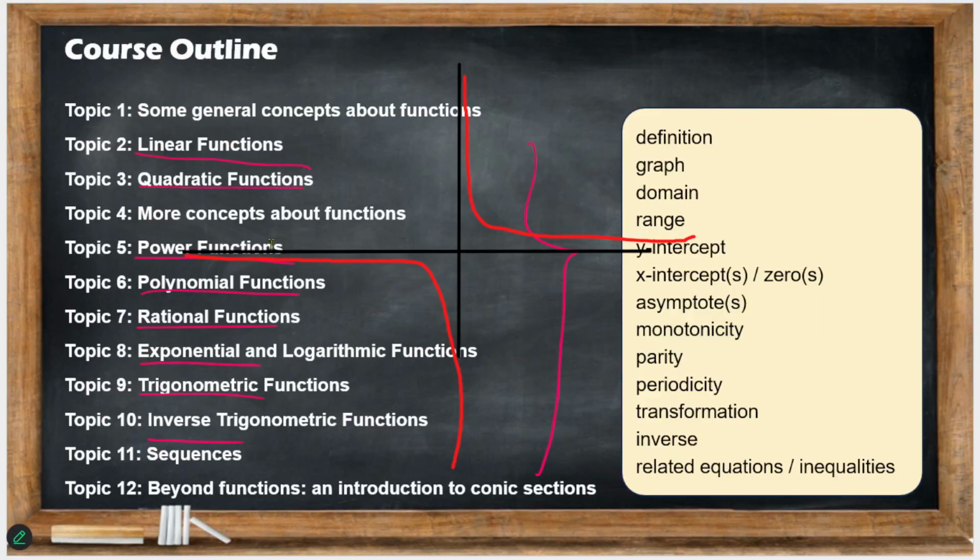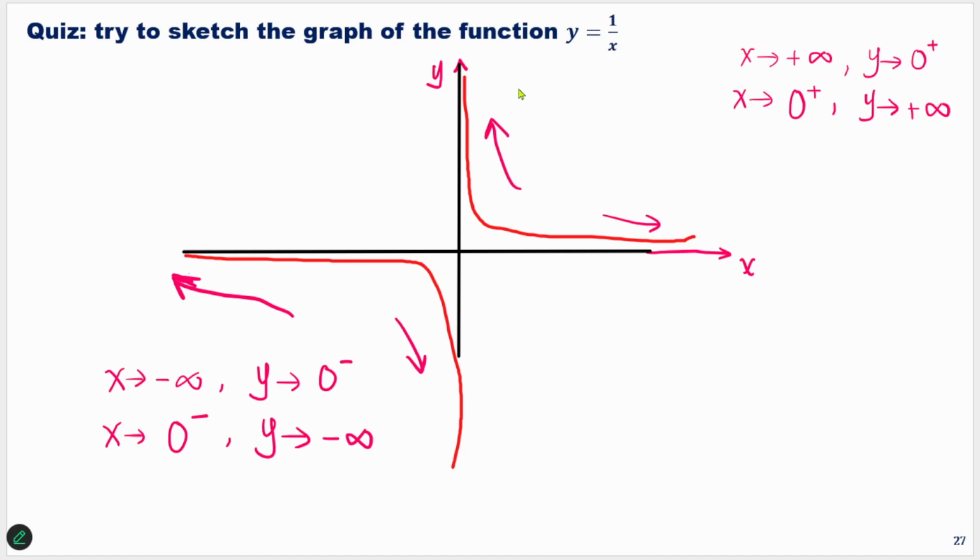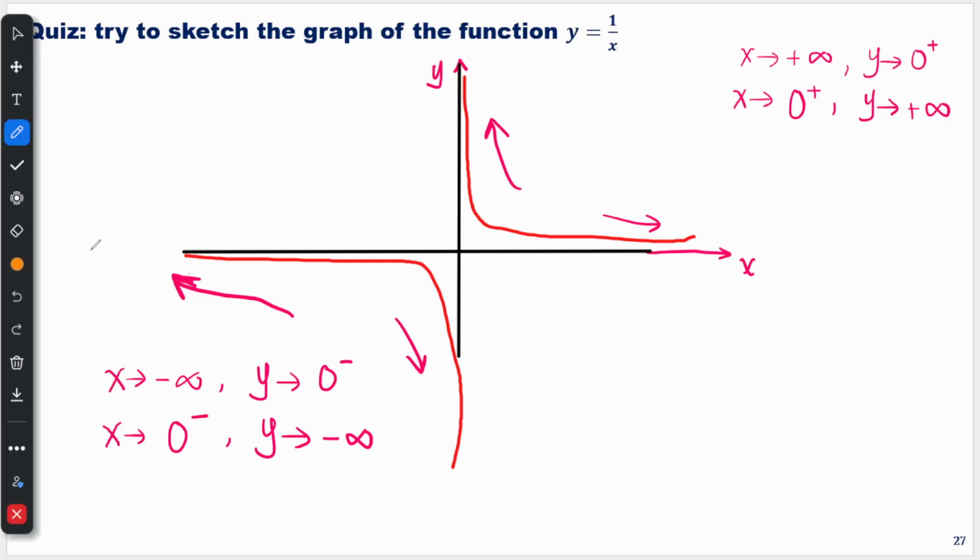Like I said in the very beginning, in topic number 7, we'll talk about rational functions. So this is a type of simple rational function. We can easily analyze its graph. Okay, let me erase this first.